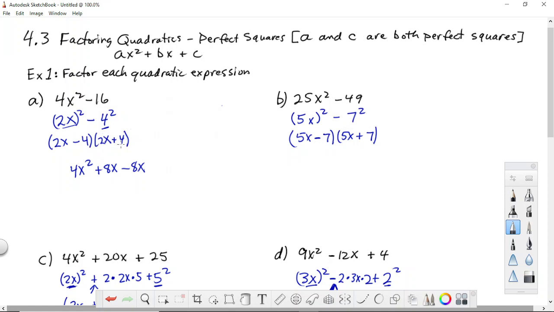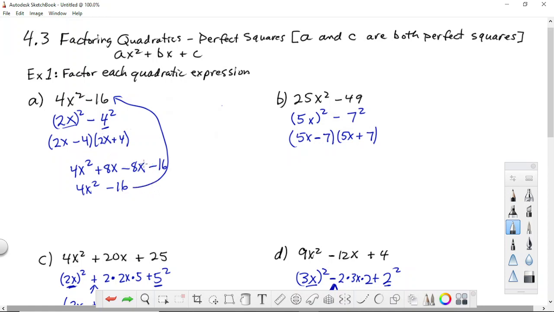And negative 4 times positive 4 is negative 16. And of course the middle term cancels out, and so it does check. There it is. So you see why this works the way it works, because this first one is minus and the second one is plus, it ends up canceling your middle term. And that's why in these you have no middle term.